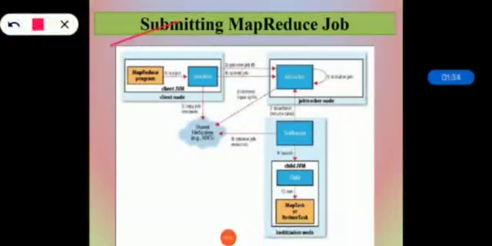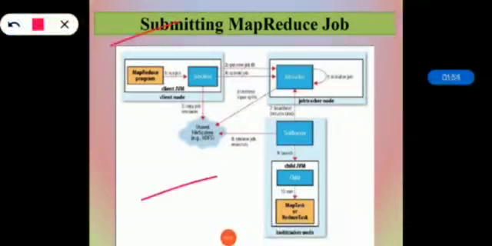Now, talking about submitting the map reduce job. We can see here that the map reduce job is submitted using the job client, job tracker, and task tracker, which we have discussed in the last section. So we are running the job, then by using the job client we get the new job id.